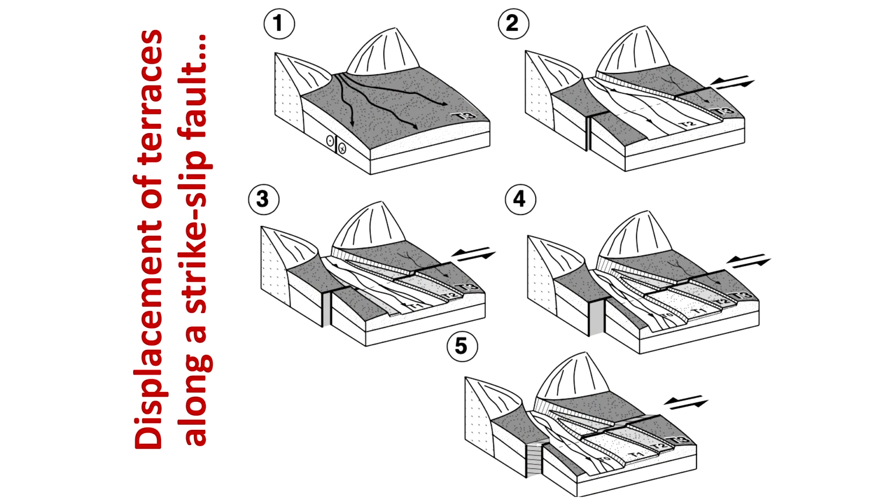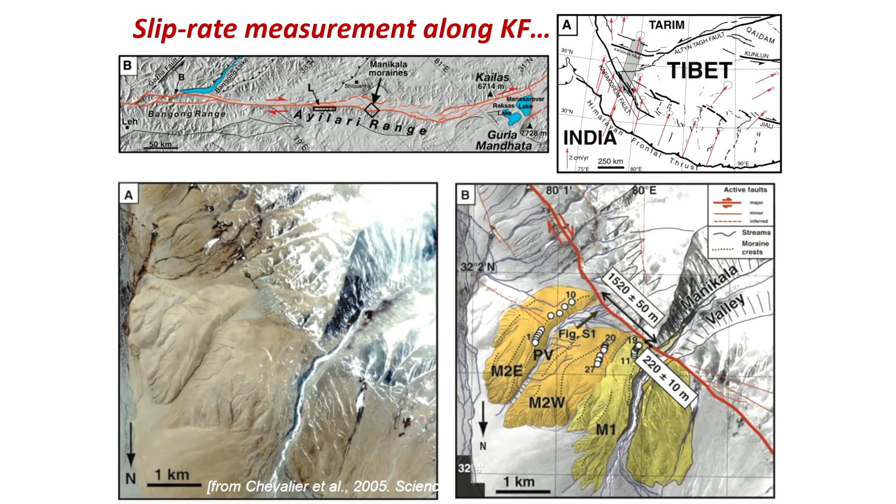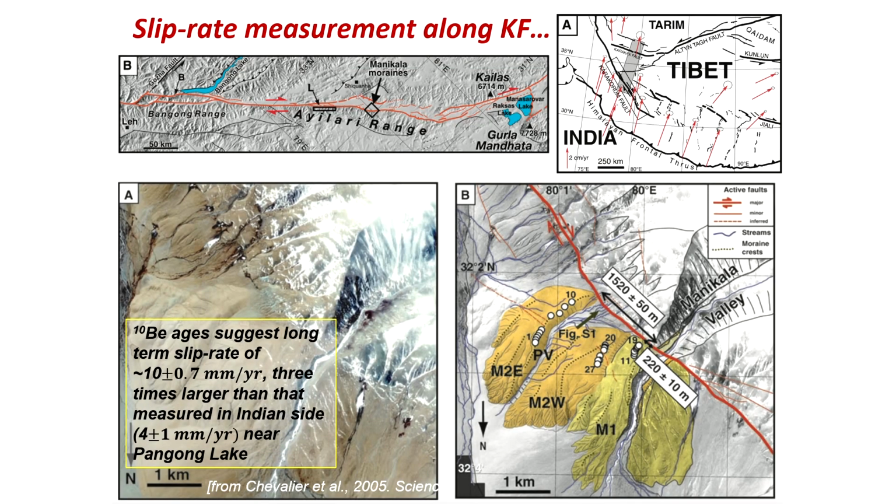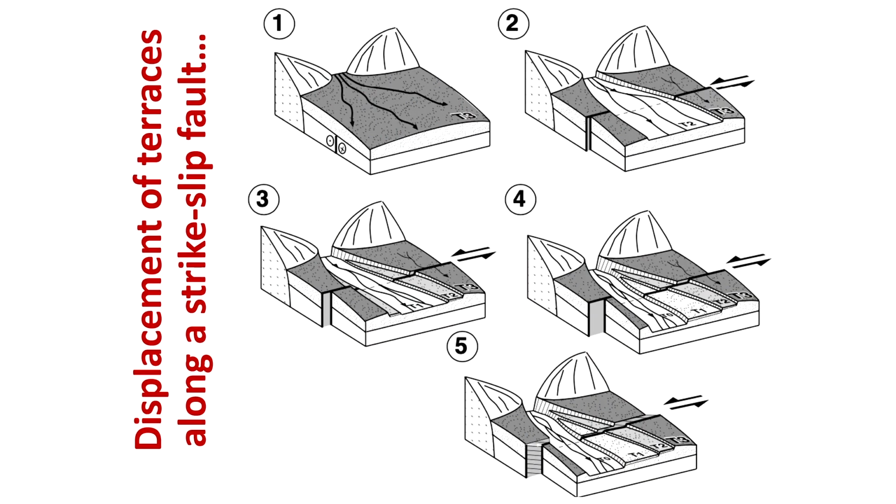So, if we look at this part here, again we have a sort of left lateral movement which has been shown along one of the faults in Tibet, and this is from that. Okay. So, you have a left lateral movement over here, and the figure explains how the terrace risers will be seen. In the first figure you have the movement which has been shown here.